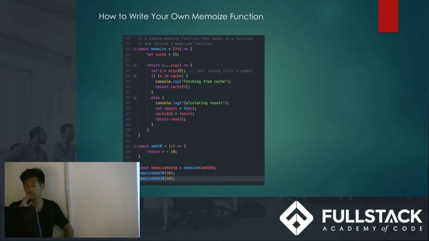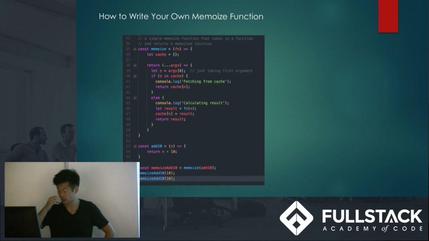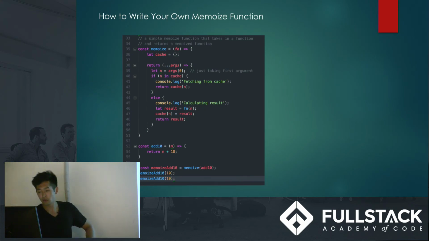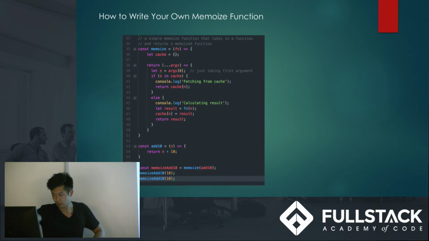Now we're going to take a look at how to write our own memoized functions. As I said before, this is a higher order function, and the key is it's taking in something. Once it's first calculating, it's going to check, has it been calculated? If not, it's going to store it. If it is, it returns it. If you follow along, we have an outside function that's a simple add 10. It takes the number and adds 10 to it.